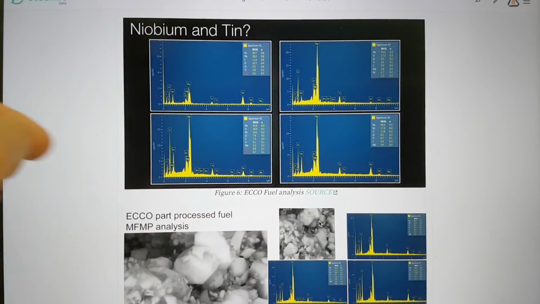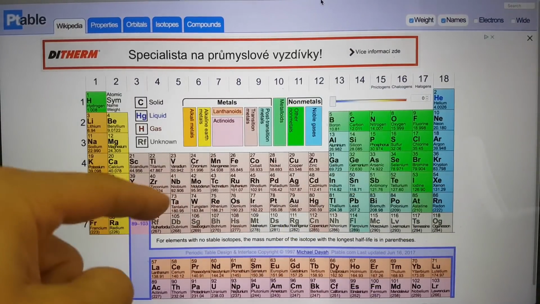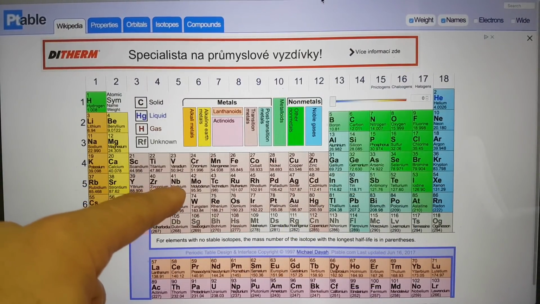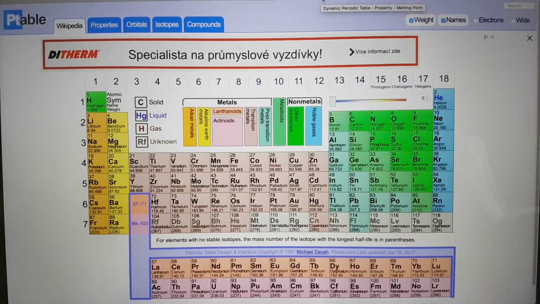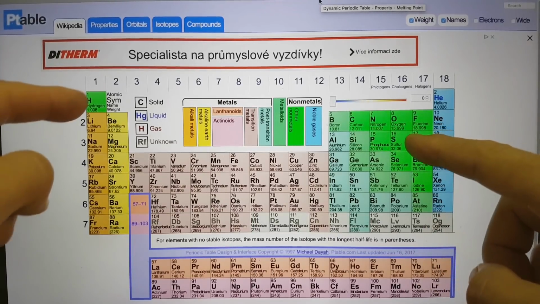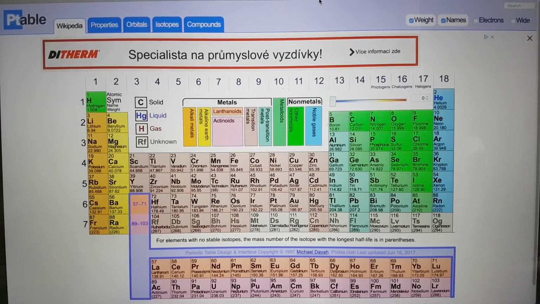A lot of zirconium and so on. So essentially what I'm saying is that it would appear that there is some production of heavier elements, zirconium and niobium and also lead, from the lighter elements of carbon and oxygen and hydrogen and nickel and titanium that are in the starting feedstock.